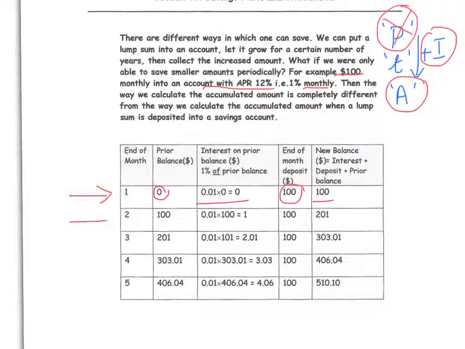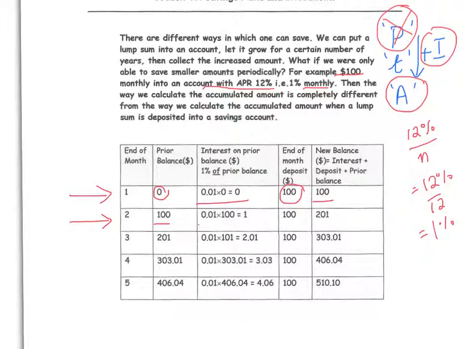At the end of the second month, we look at what we have at the beginning of the month. It is $100. Interest gets calculated on what was in the account starting from the beginning of the month. Since the interest is 12%, and since interest is compounded every month, we divide by n, which is 12%, divided by 12, which is equal to 1%.